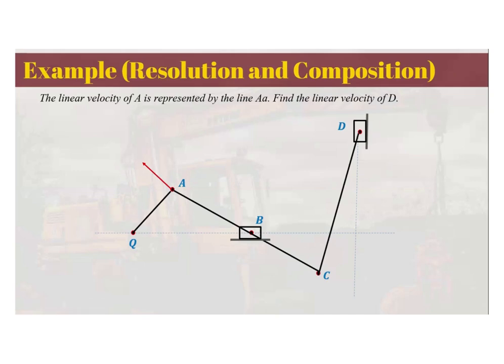This is the given, and we wanted to find the velocity of B. B is restricted to move in this horizontal direction because this is a slider crank, and D is also constrained to move in this direction here. So obviously the direction of D is known, and the direction of B is also known. It's just that we don't know its magnitude.